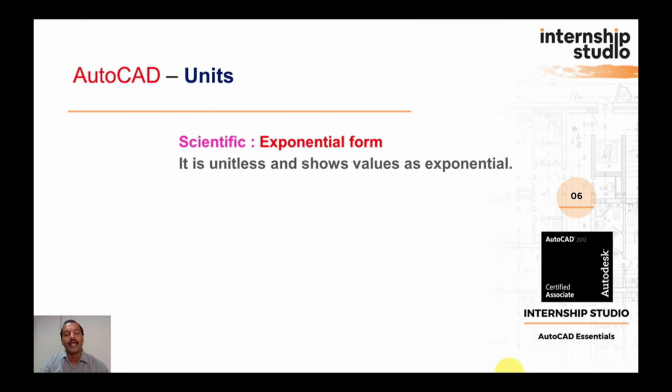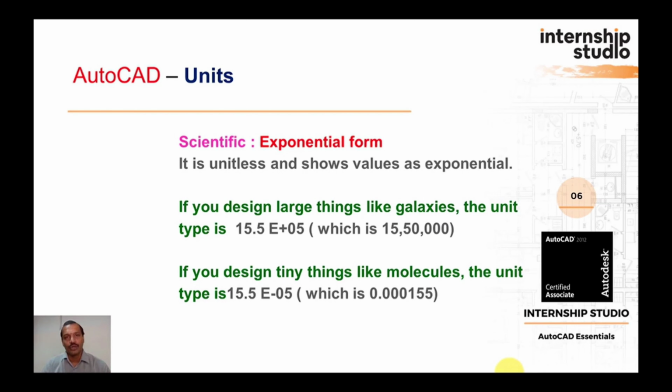In AutoCAD, the exponential or scientific form is unitless, just an exponential value, and it is expressed in terms of e power, that means 10 power. For example, if you are designing a very big product, like a galaxy, those values can be expressed in terms of e power.